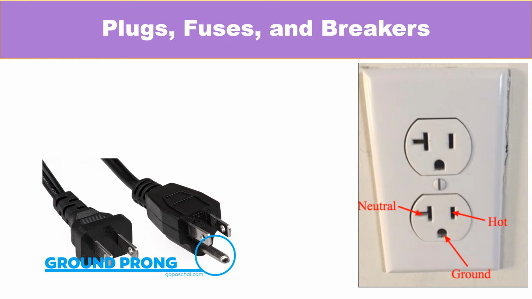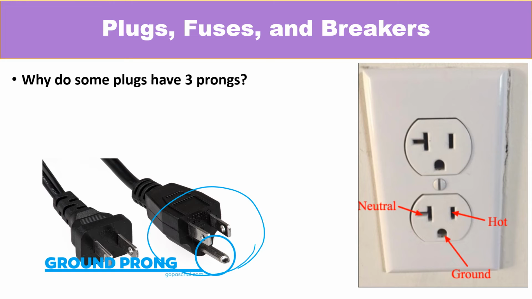So we talk about this grounding terminal over here. I'm gonna explain to you why a lot of expensive electronic devices like laptops have three prongs. Some of those small electronic devices, let's say a hair dryer, even though it does require a lot of energy, use two. So what does that do?